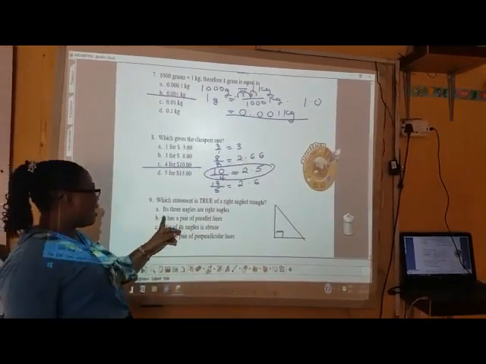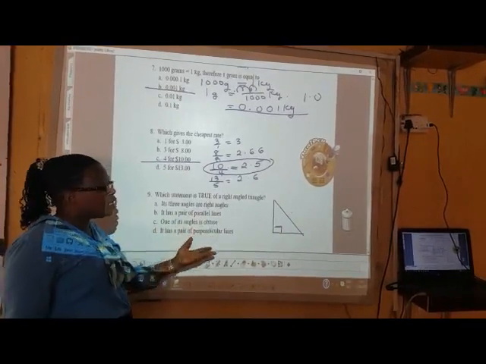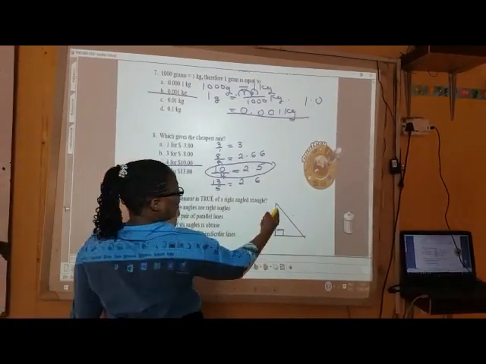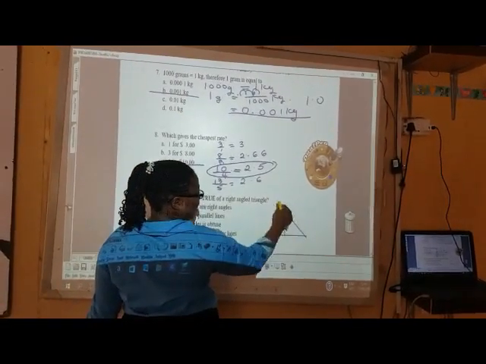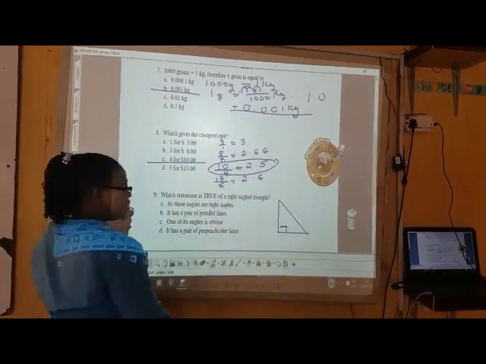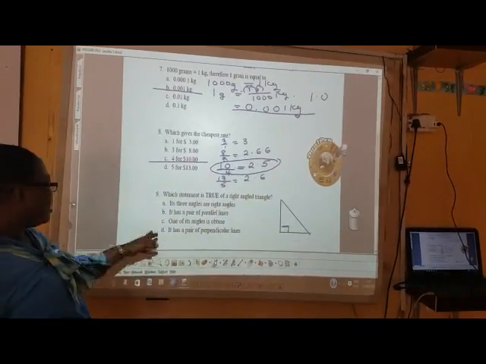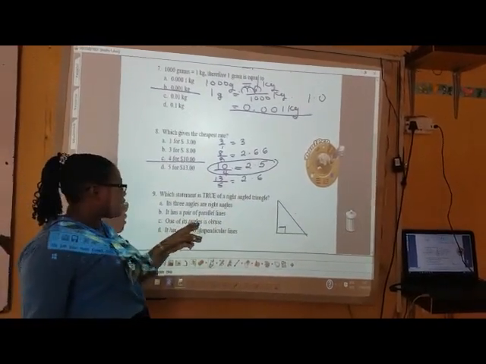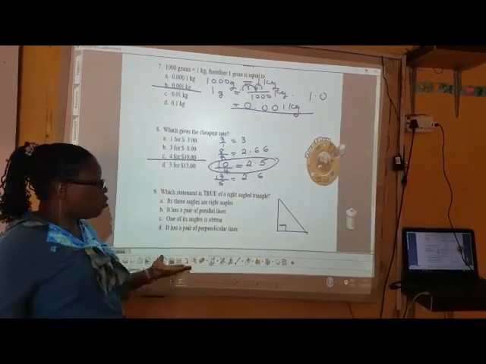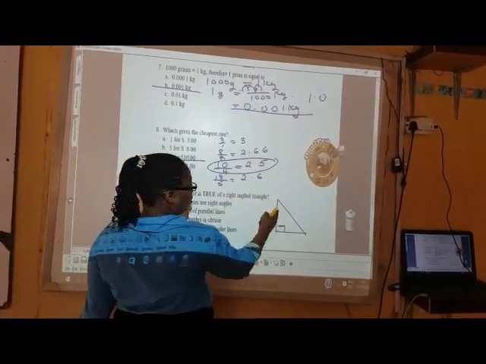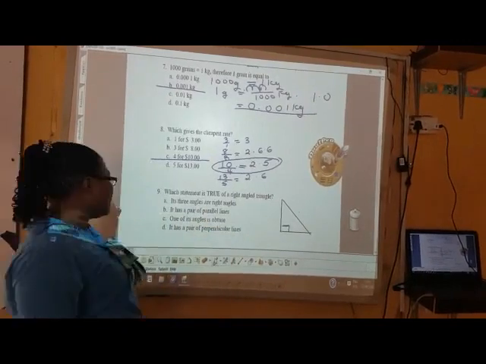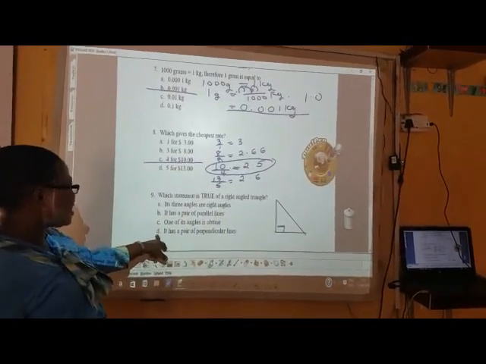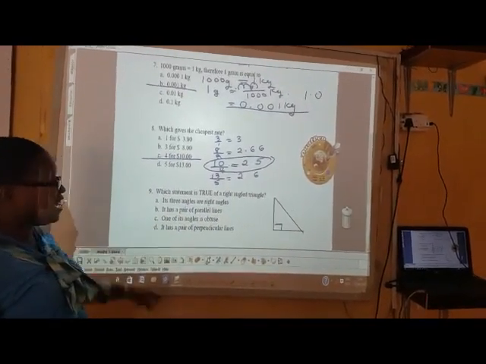The second one is a pair of parallel lines. No. The only parallel lines here would be the hypotenuse. Others, they are not parallel. Then C, one of its angles is obtuse. No, this is not obtuse. Then the last one, it has a pair of perpendicular lines. Yes.